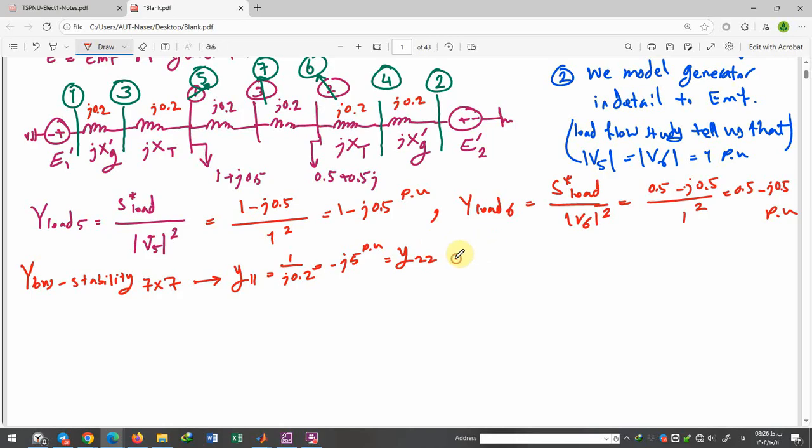After that, we have to calculate Y13. Between bus number 1 and 3, we have only one element, and so for a non-diagonal array we have to use minus the inverse of j0.2, which is j5 per unit.